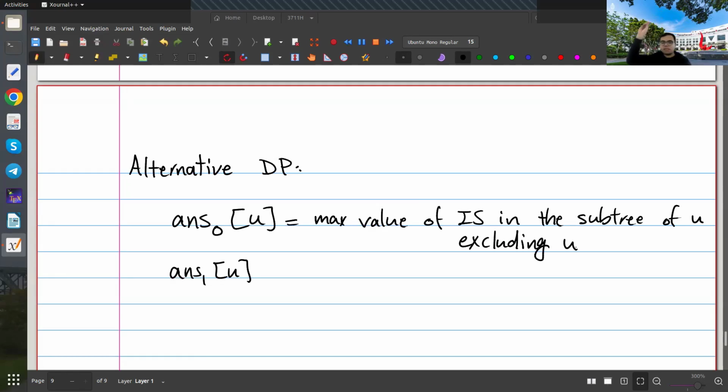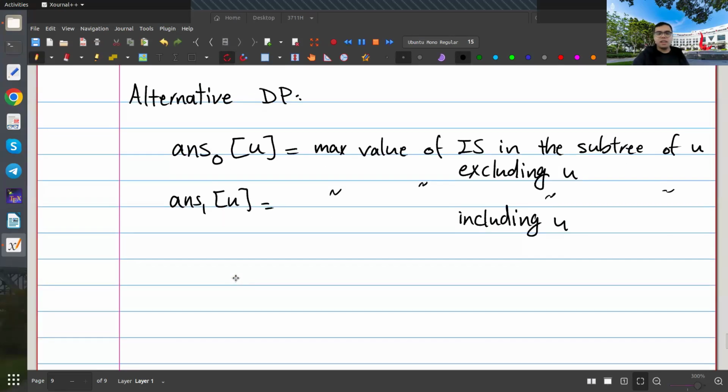With that constraint, what is the maximum value that I can extract? And similarly, ans 1 of U is going to be the maximum value including U. So if I look at all the independent sets that definitely have U in them, I am forced to take U. What is the maximum value that I can take? So this 0 and 1 here is basically 0 saying U is not there, 1 is saying U is in there.